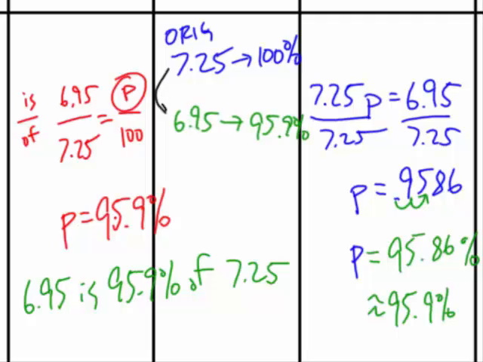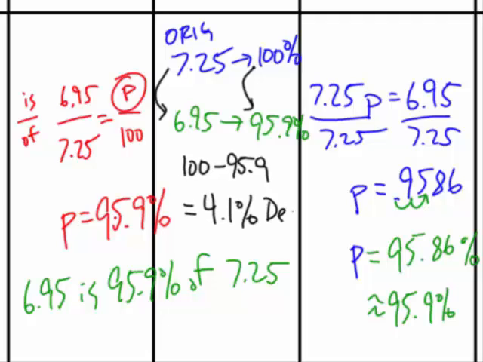So if I want the percent of decrease, I can just look at how much my percent decreased here. So I can take 100 minus 95.9, and that would give me about 4.1% decrease. There we go, 4.1% decrease. So that's one way to find it. I could just find the percent that 6.95 is of 7.25, and then subtract that from 100. That's one way to do it.